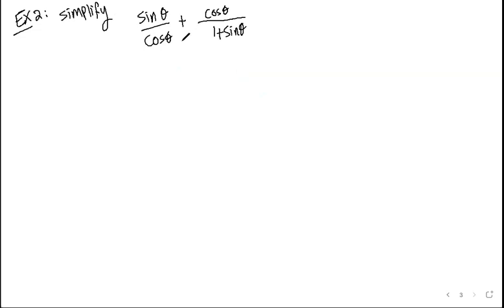How can we find the common denominator? By cross multiply. This by this, and this by this.